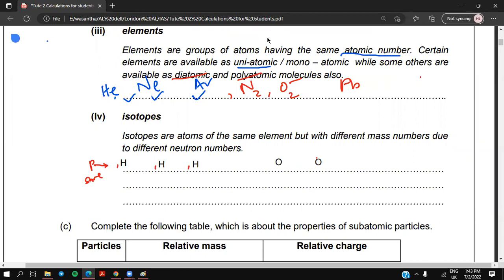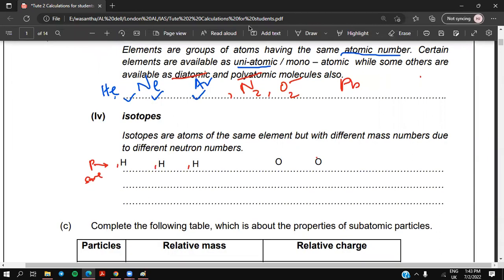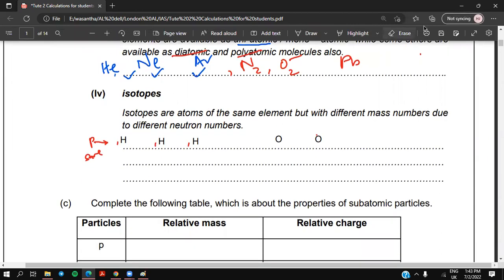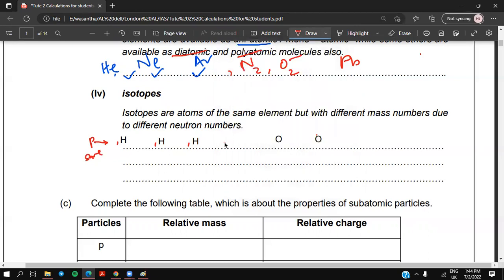And then I will write, for hydrogen, I can write 1 here, 2 here, 3 here.